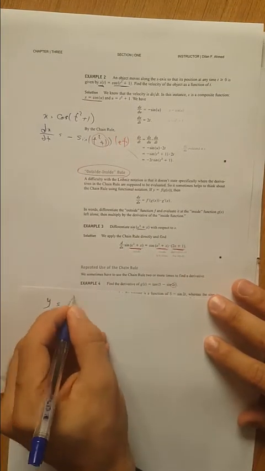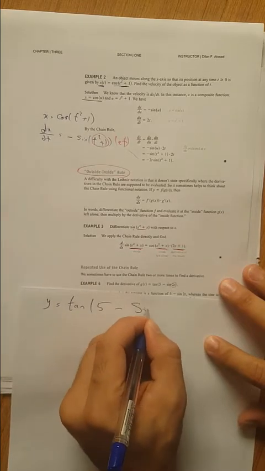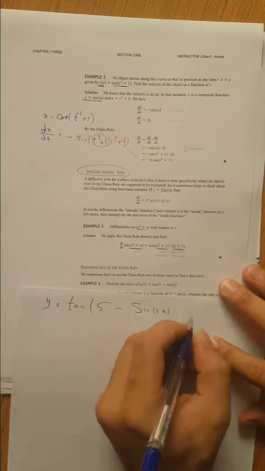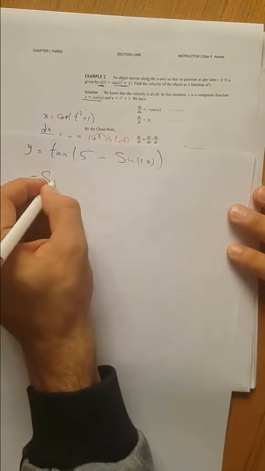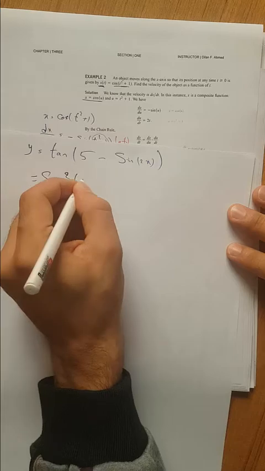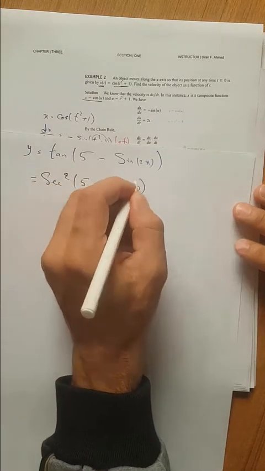Okay, y is equal to tan of 5 minus sine 2x. Derivative of tan, we say that is equal to secant square of itself without changing anything.